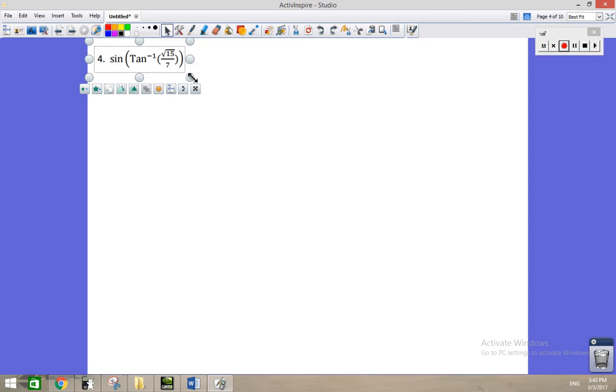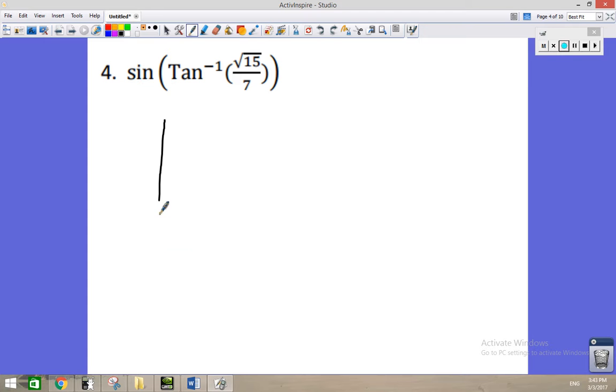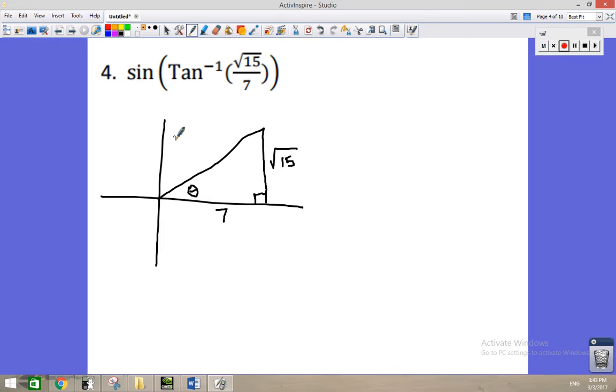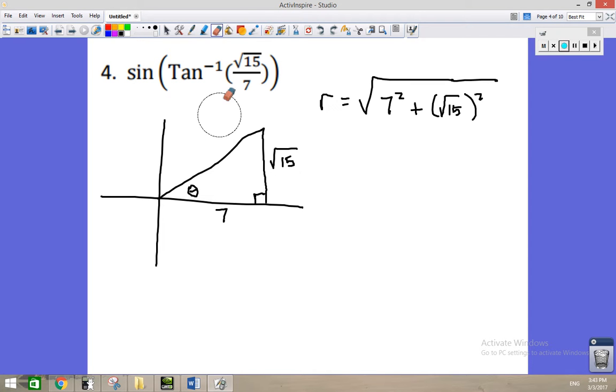The inverse tangent uses the right half, quadrants 1 and 4. The ratio is positive, so I'm up in quadrant 1. Tangent is the length of the opposite side, opposite to angle theta, and let 7 be the adjacent side. And by the Pythagorean theorem, if I take 7 squared plus radical 15 squared, 49 plus 15 is 64, which we just saw was 8.